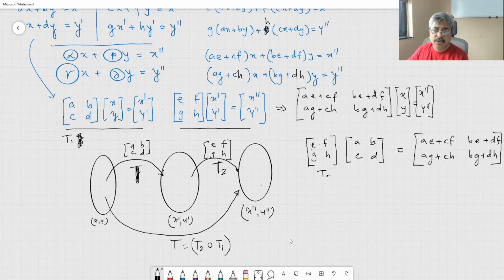So this is T2 into T1 is equal to T. That is the decoding of multiplication of matrices. Second matrix goes as a pre-multiplying matrix. First matrix goes as a post-multiplying matrix. That is what FOG is. If this is G function, this is F function, then FOG.